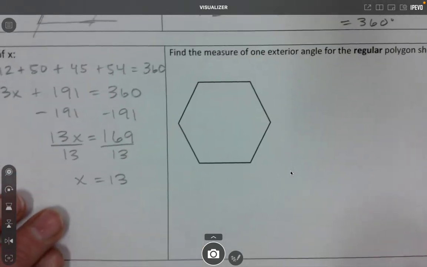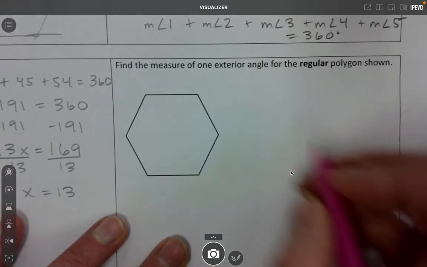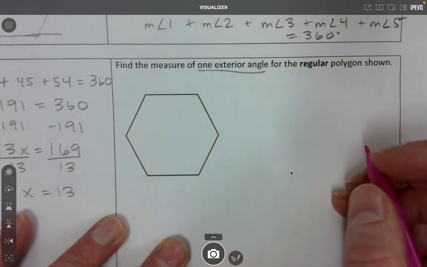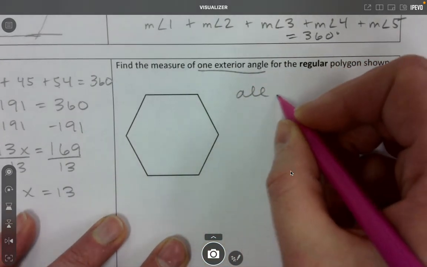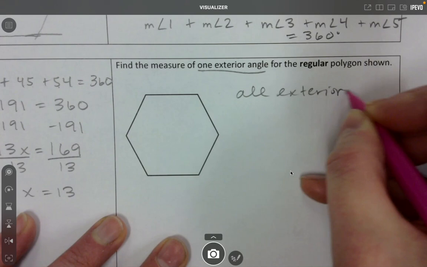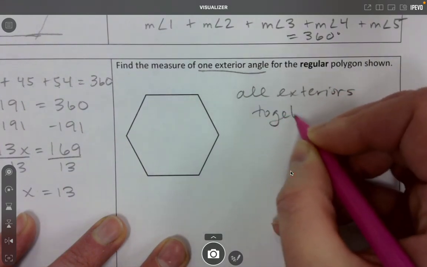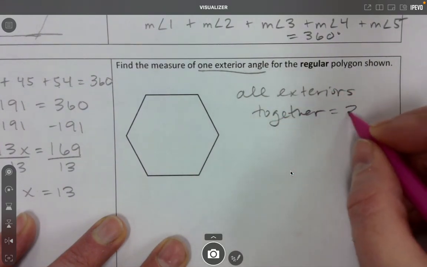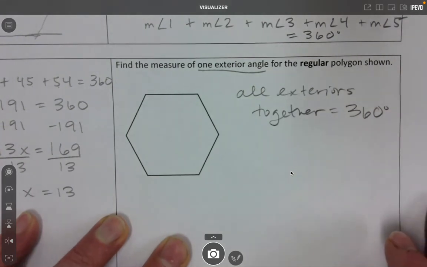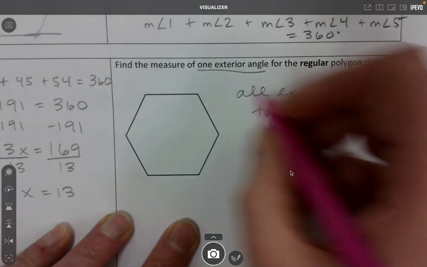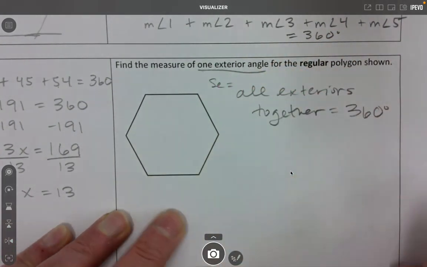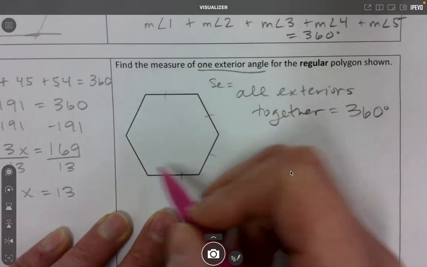So on this next one, we want to find the measure of one exterior angle. So we know all of those exterior angles together when we add them all up is going to be 360. If this is regular, they're all going to be the same. So let's see how many sides we have: 1, 2, 3, 4, 5, 6.